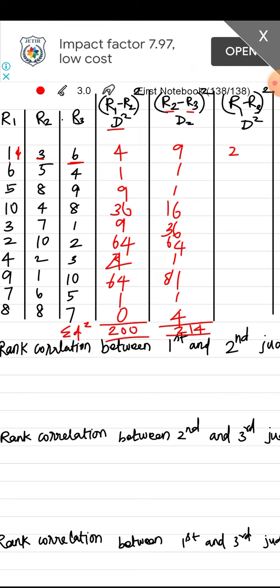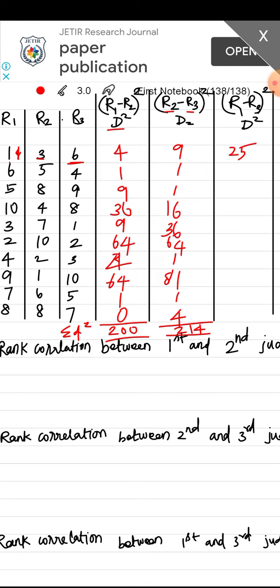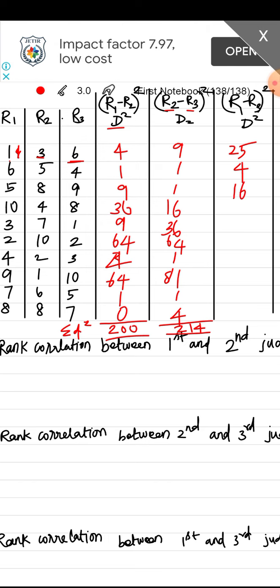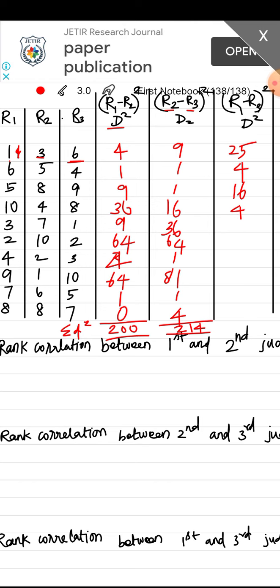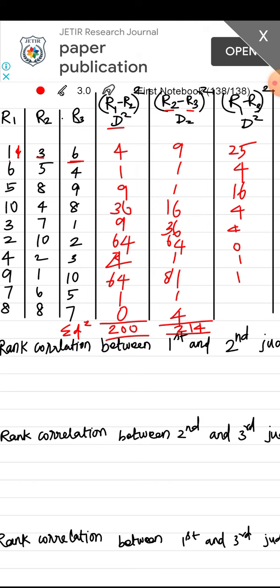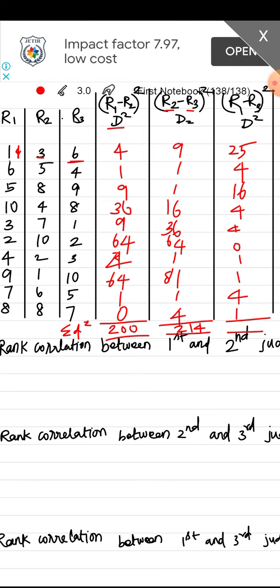So 25, minus 5 square is 25, and 4, 16, 4, 4, 0, and 4 minus 3 is 1. 9 minus 10 is also 1, and 2 square is 4, and then 1. Next we have to find the sum of squares. That is 60. You can check it.